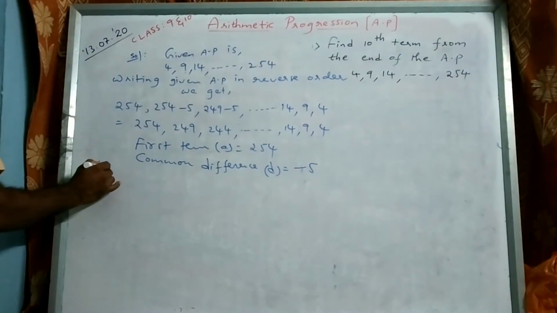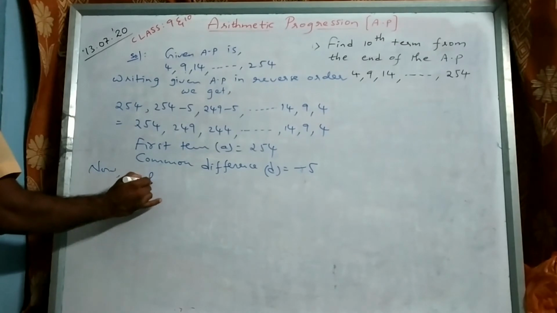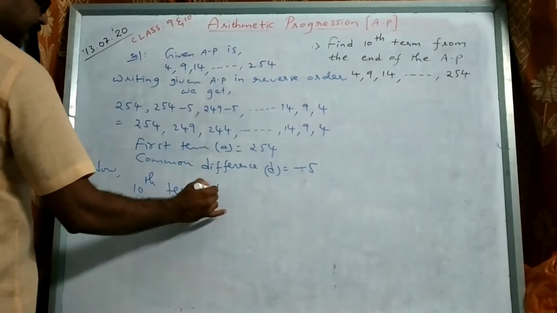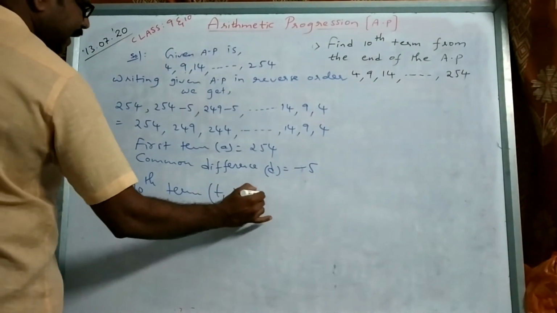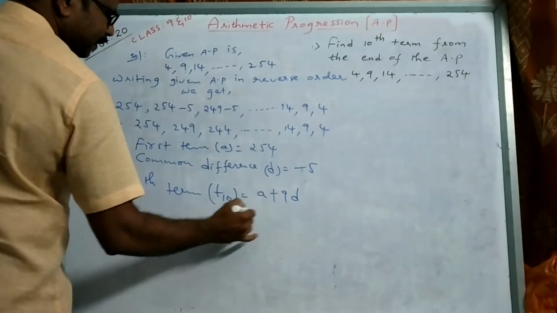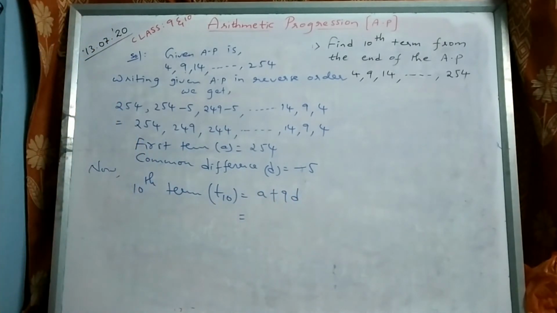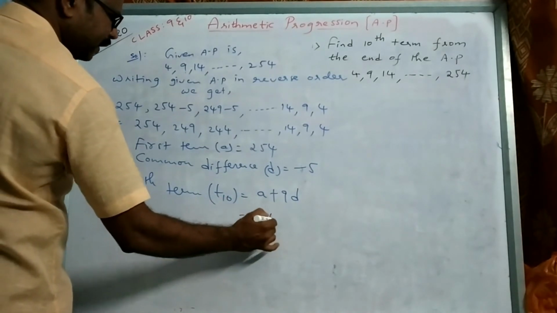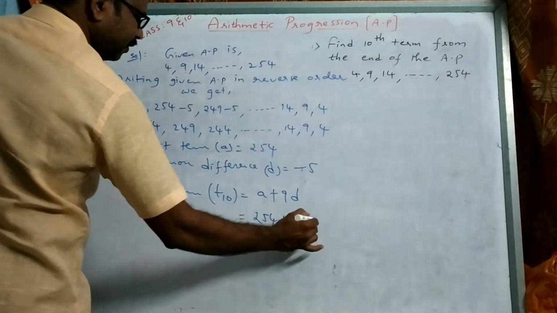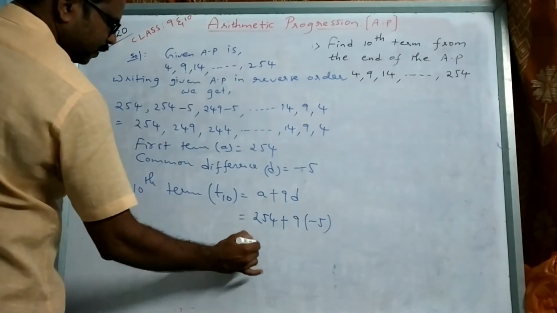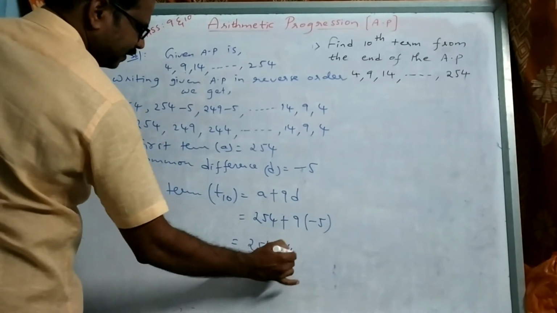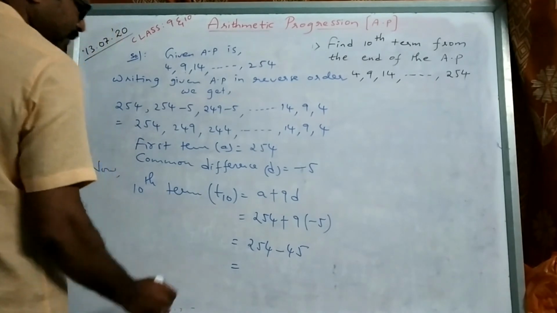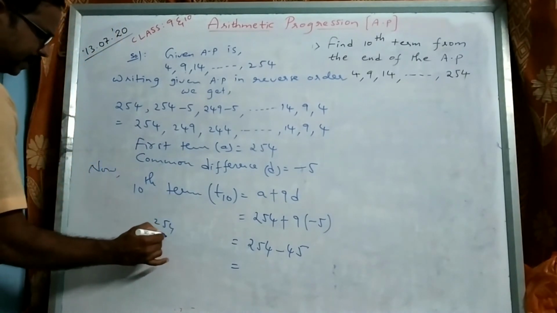Now which term do I want? The 10th term. T10 equal to, what did I tell you? A plus 9D. Reduce 1. The formula is what? A plus (n minus 1) into D. So what is A here? 254 plus 9 into minus 5. 254 minus 9 5s are 45. So 254 minus 45.